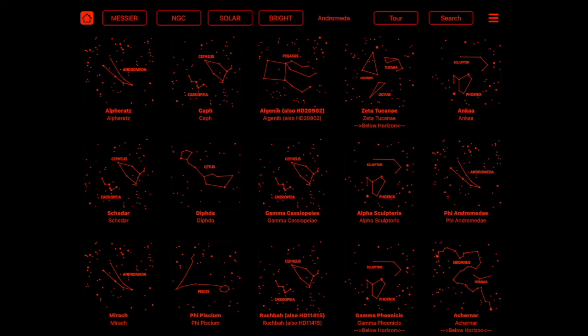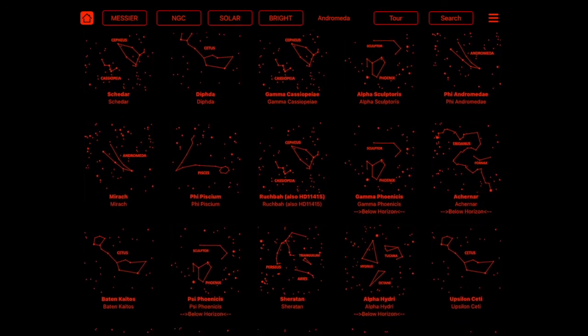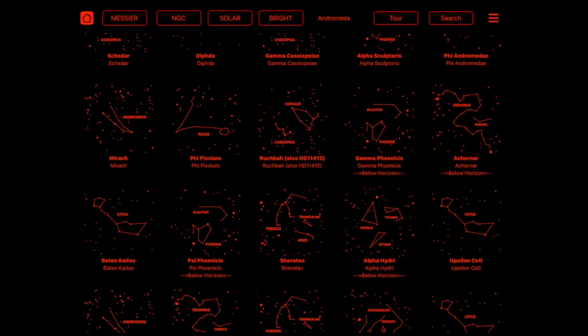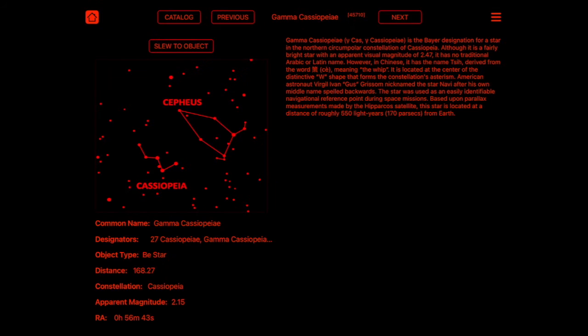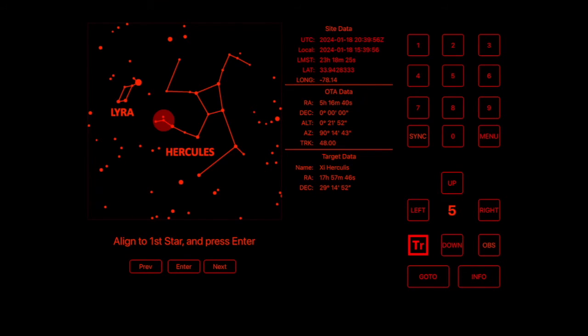It would also say across the top, right under the buttons, select your first alignment star. And you could scroll through and select whatever star you wanted to be your first alignment star, and you could go to it.